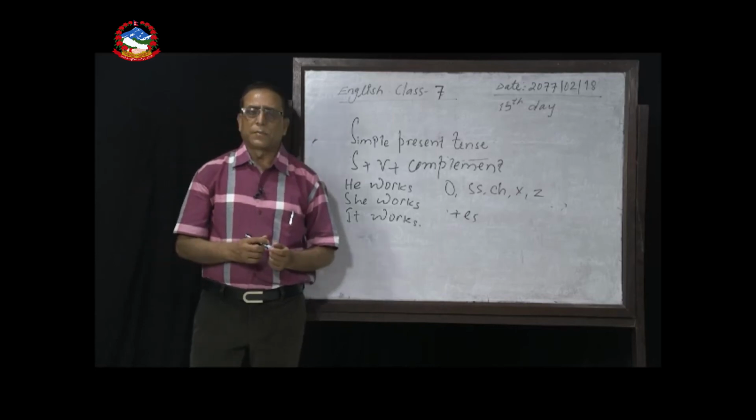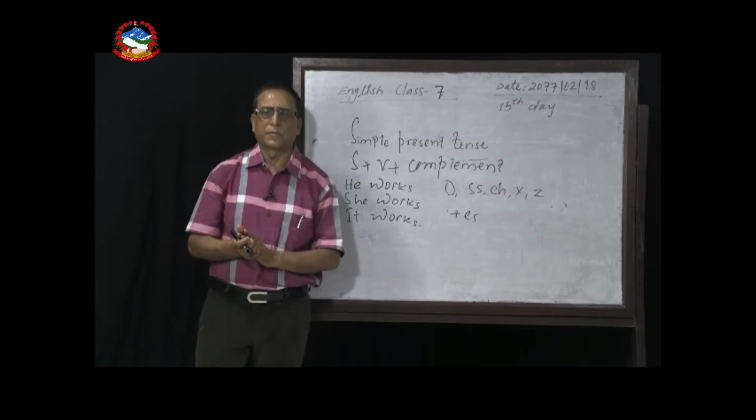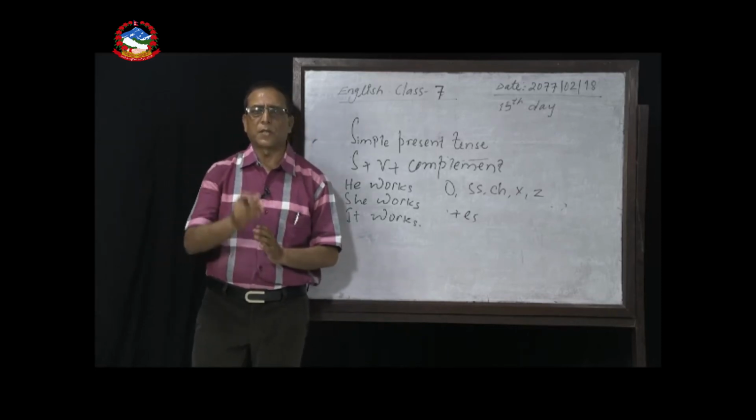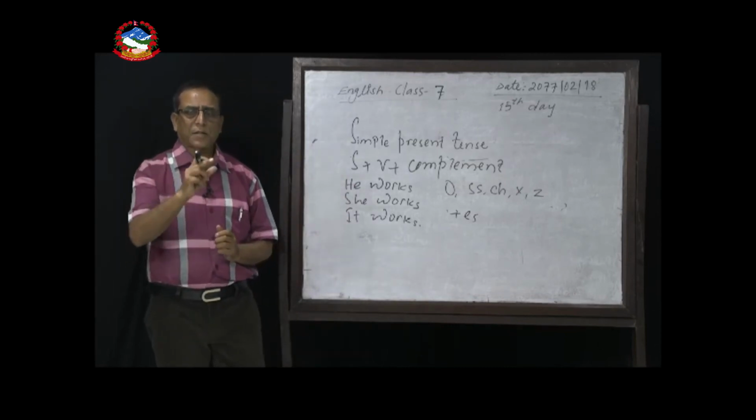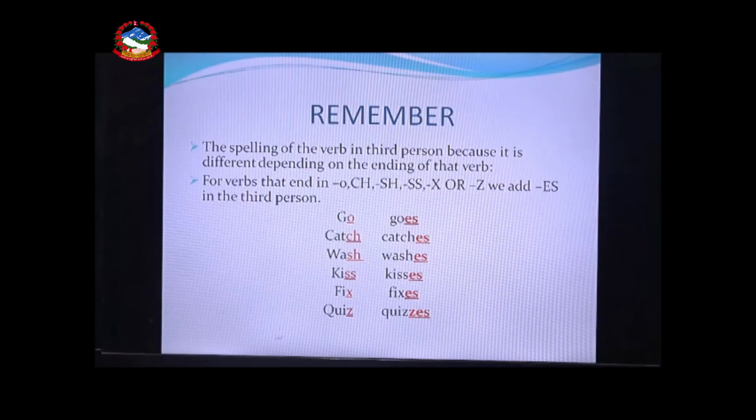Second, catch. CATCH, catch. Catch is a verb. It ends with CH. The last two letters are CH. So, when we make verb 5 for catch, we add ES to the end of CH, catches.